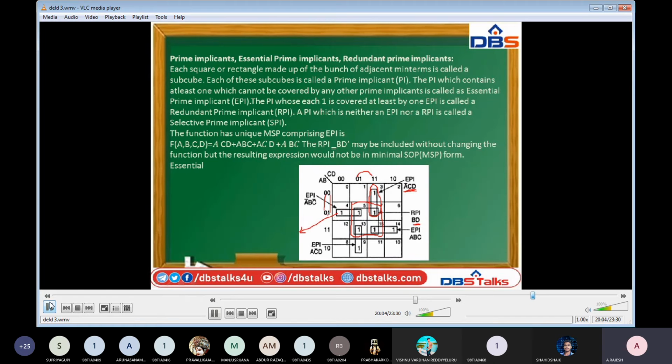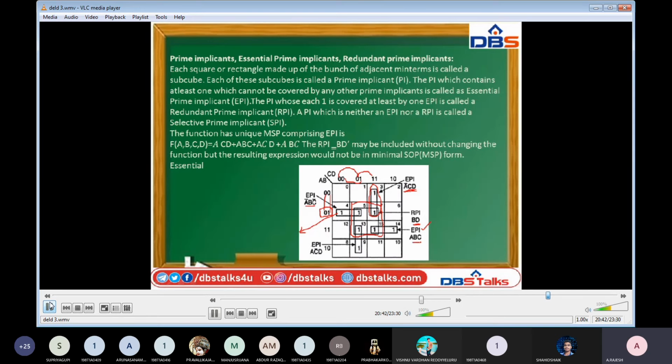Okay, coming to this one, here we have taken A is not varying and B is varying. That's why A complement. Okay, we are not taking these two, we are taking this row only. So A complement B, and here C is not varying and D is varying. That's why A complement B C complement. So coming to the next one, this is the next essential prime implicant, and here AB is common and C is not varying but D is varying.